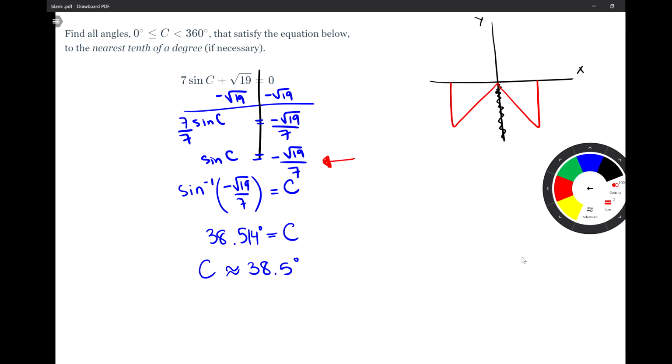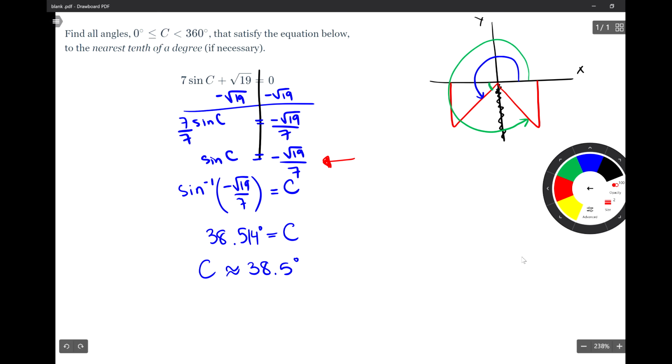Alright, so you have to find the angle. We have two angles right here in standard position. The first one is the blue one, and the second one is the green one. Those are angles in standard position. And the angle 38.5 is just the reference angle. Okay, so 38.5 is just the angle based on the triangle right here.